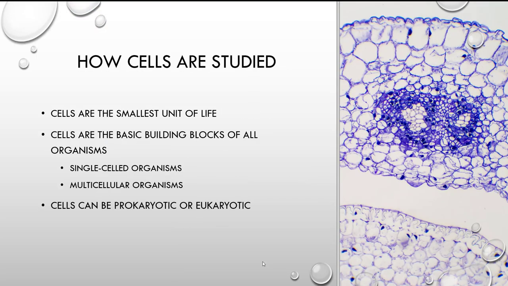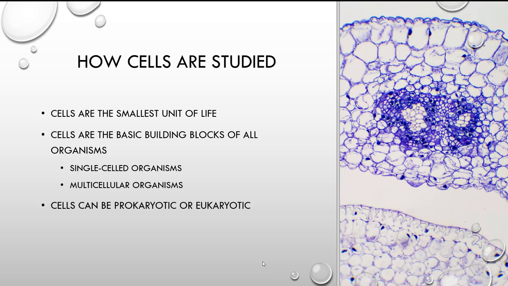All right, so let's start out by talking about how cells are studied. We've already gone over in the past 2 topics how cells are the smallest unit of life, so they have all of life's properties. We talked about that in the first unit, life's characteristics and properties.